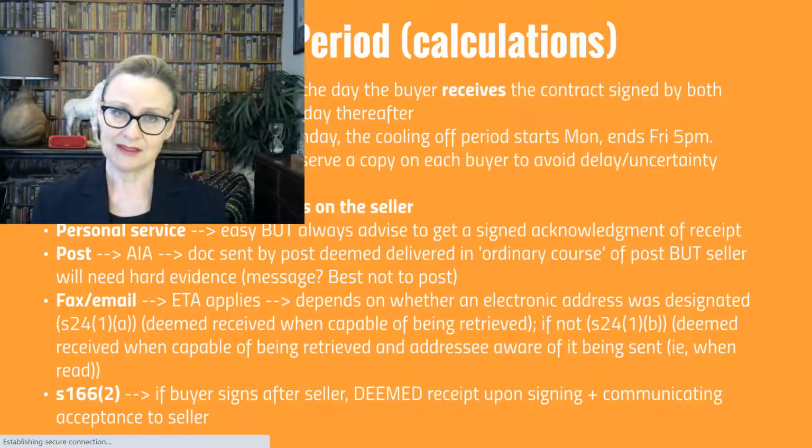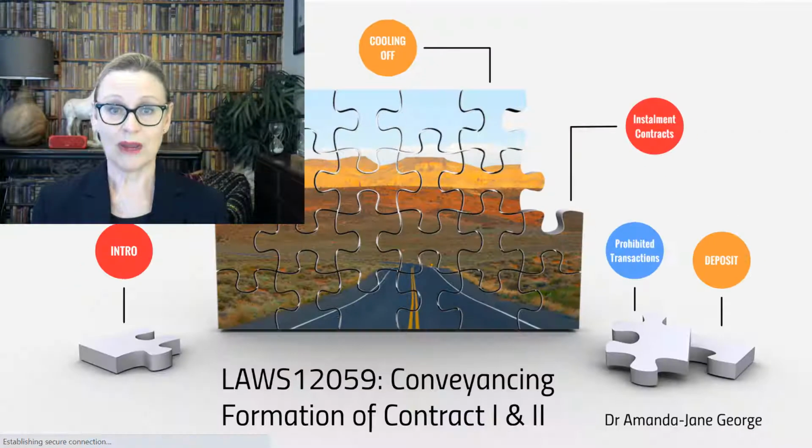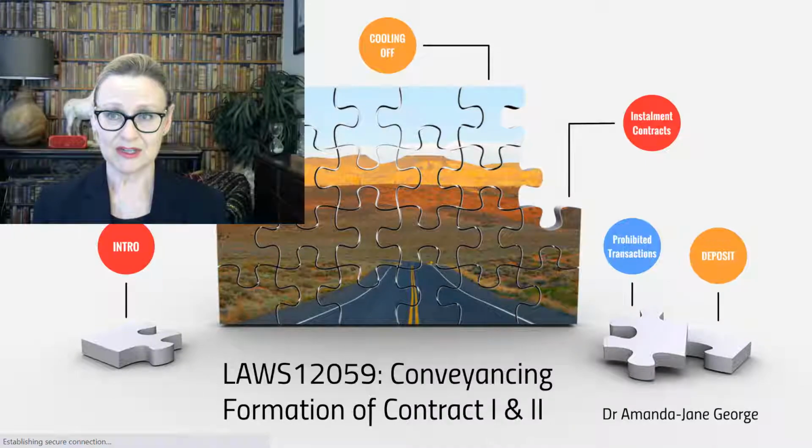Once the buyer then says to the agent, and the agent communicates this to the seller, that the buyer has signed off, that's when the clock will start ticking under 166(2). So that is how you calculate when your cooling off period is going to start.